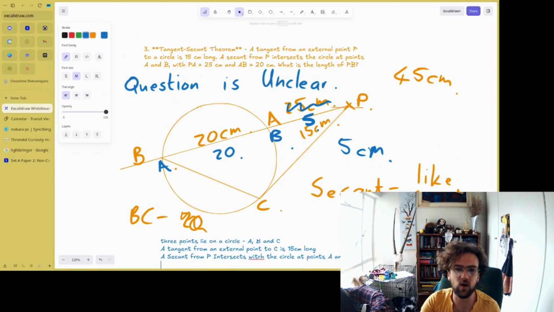Now, can we then also say AB is a chord?